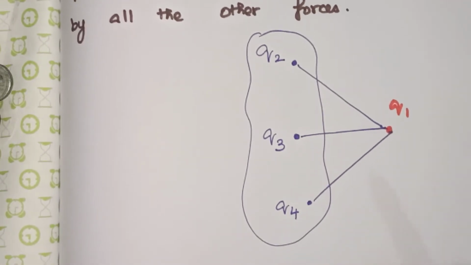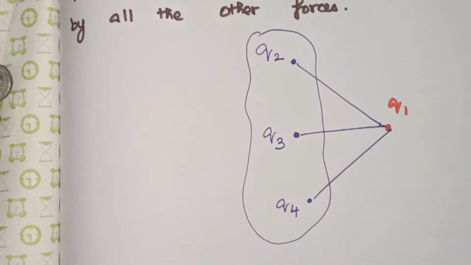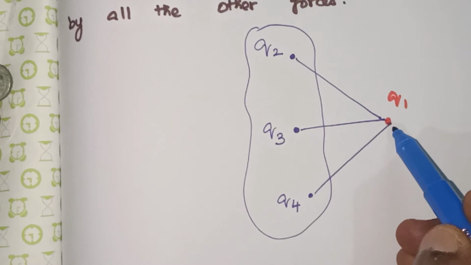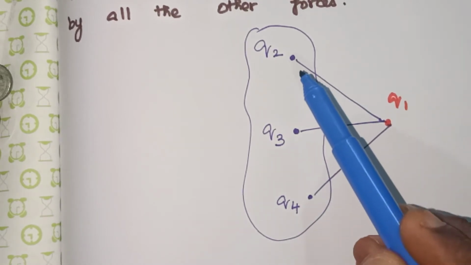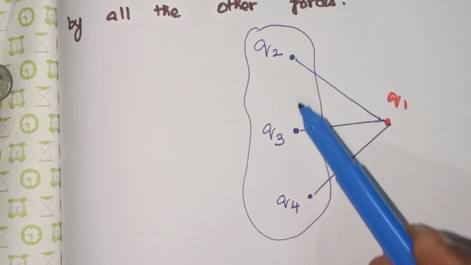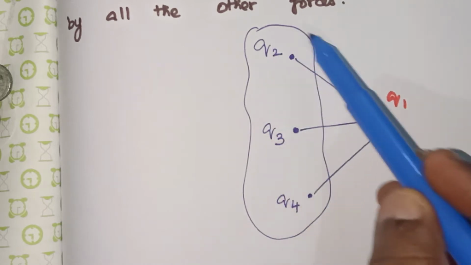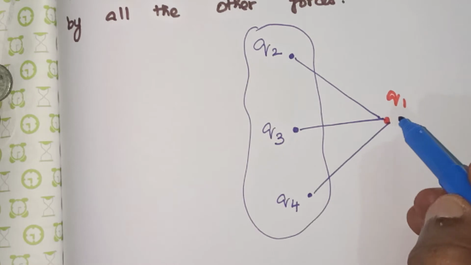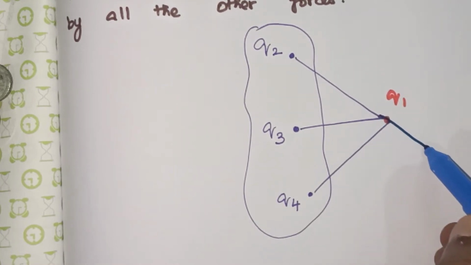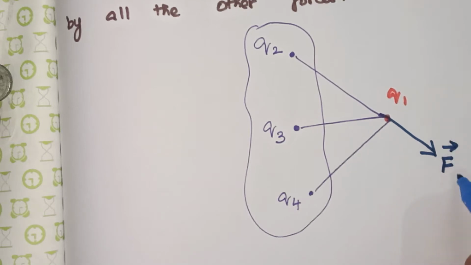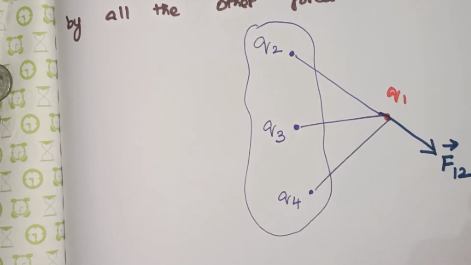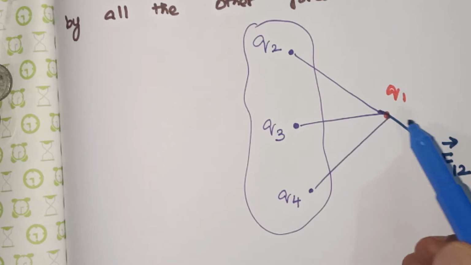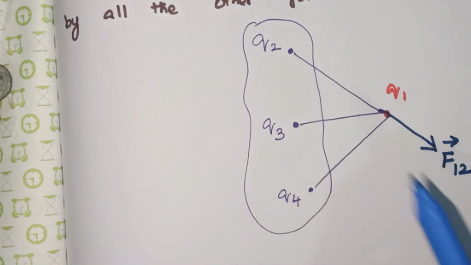See, Q1 is a charge, another Q2, Q3, Q4. It is in one system. Okay, what is the force acting on Q1? This is called F12. That means force on Q1 due to Q2.